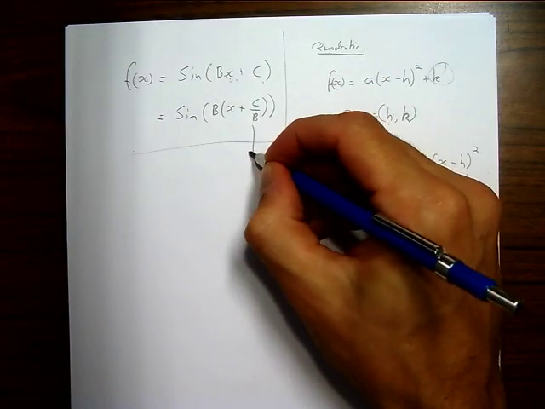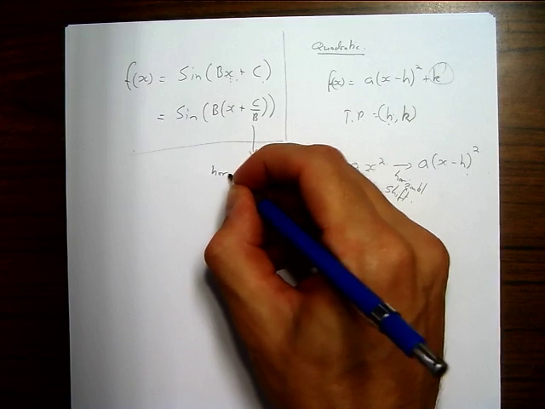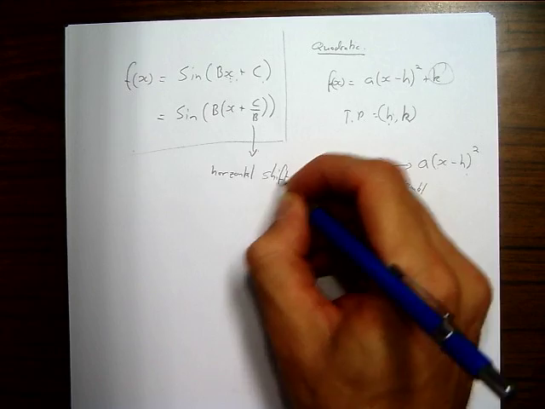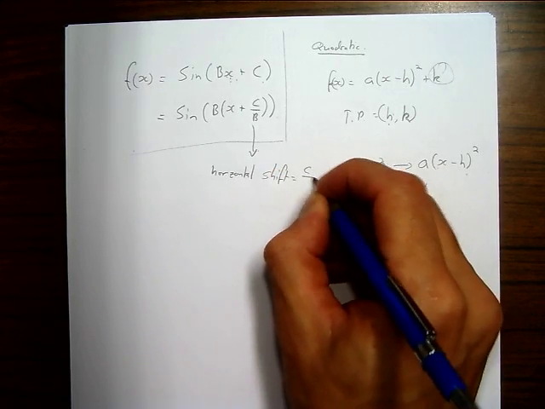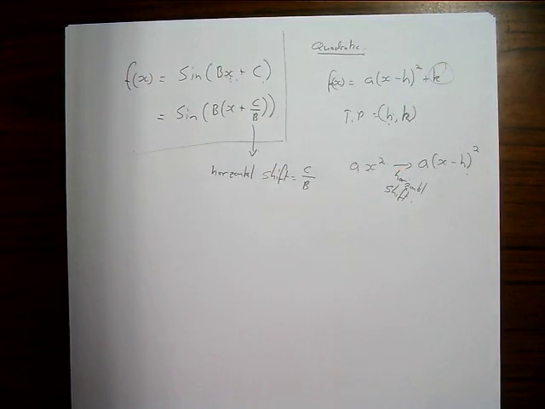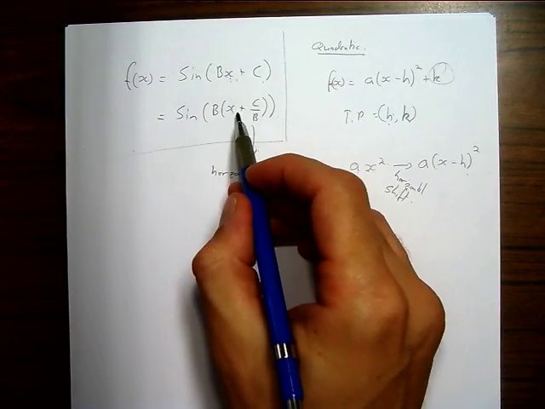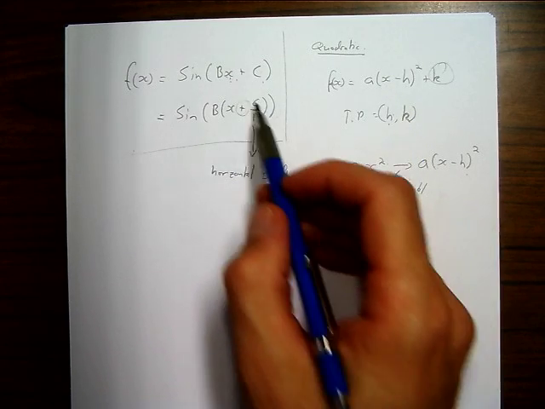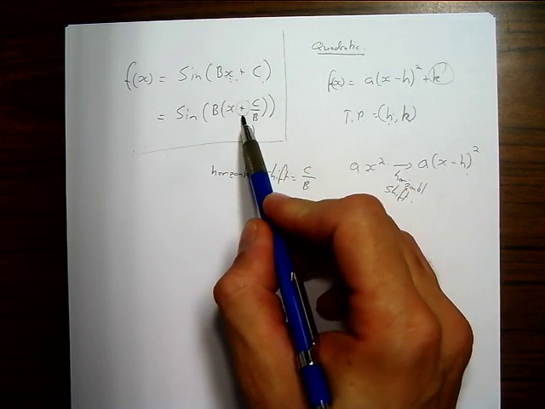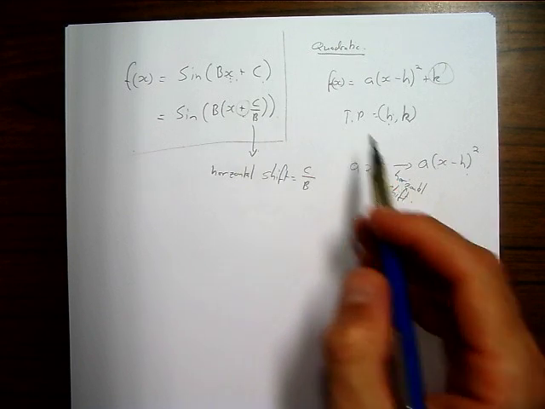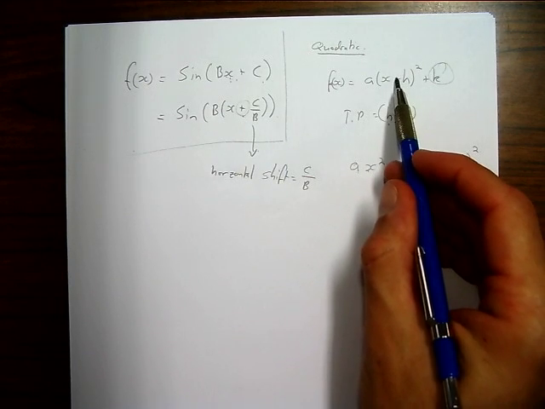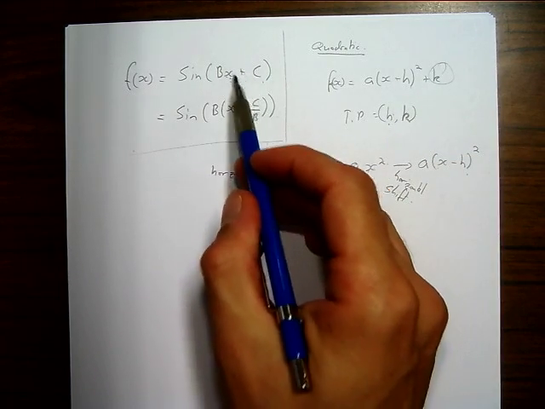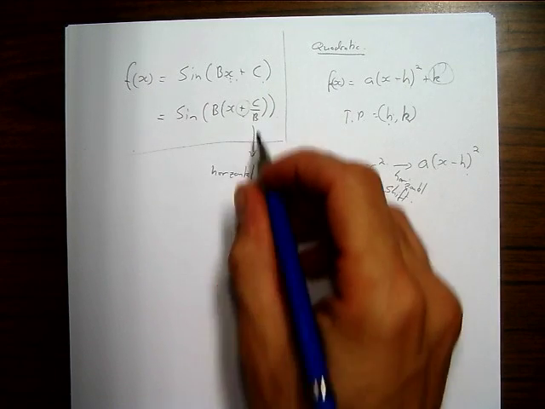Okay, so the horizontal shift is c over b. Because this is positive, unlike over here, if this were me doing this I would put a minus there, but the textbook doesn't do that, so I'm going to follow what the textbook does. The h value shifts it to the right, whereas because we're plussing it, this is going to shift us to the left.